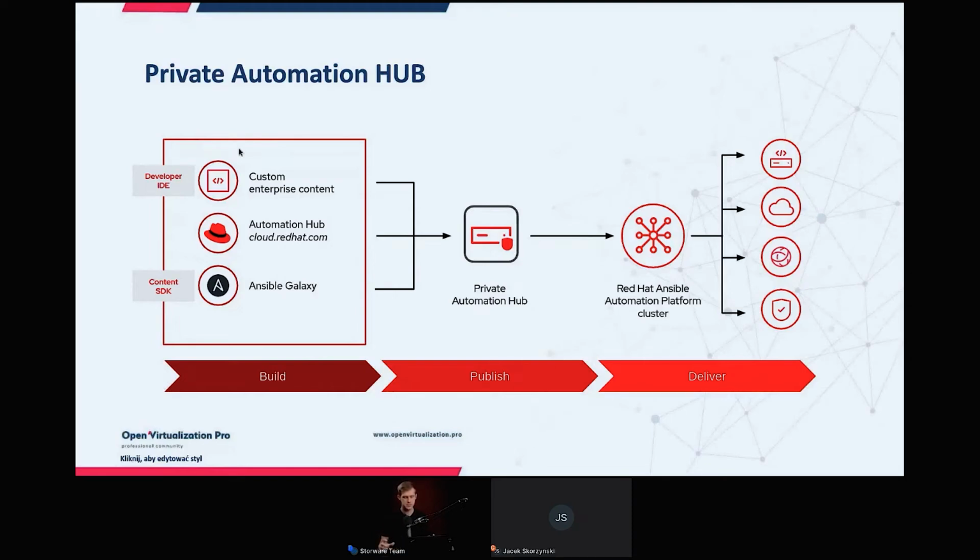So basically, this is the content aggregator on-prem in your environment, inside your data center, with full control from your side about the versions of collections, about versions of different execution environments, and so on and so forth. And you've got full control here. So this can be like one source of the content in your organization regarding Ansible content. So then your automation controller can just consume it. Okay.